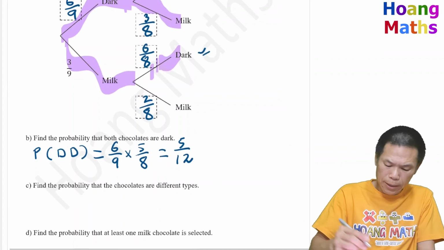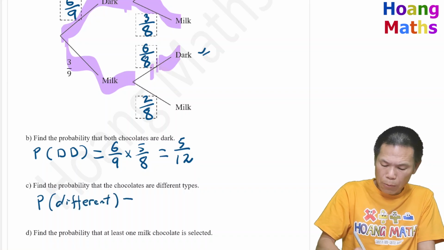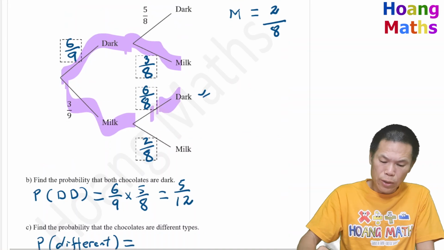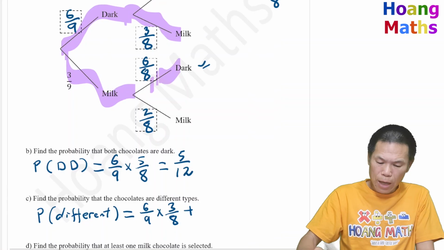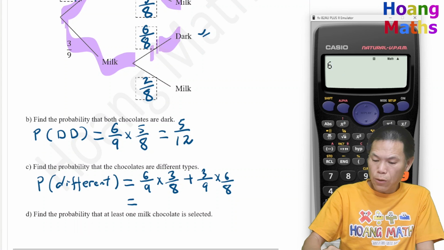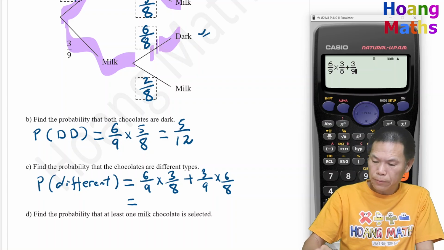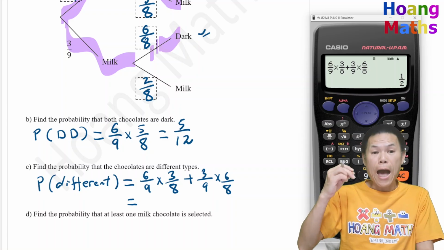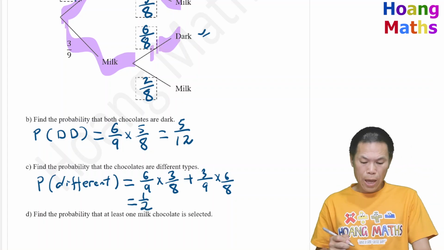So the probability of different is 6/9 times 3/8, plus 3/9 times 6/8. That is 6 over 9 times 3 over 8, plus 3 over 9 times 6 over 8, which is a half. So 1 over 2. So there you go.